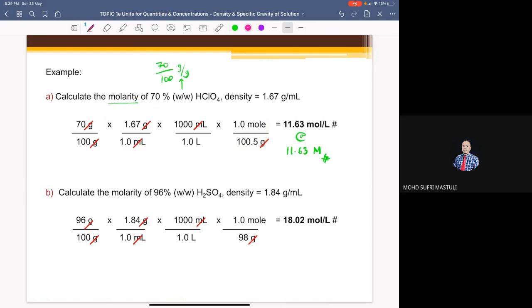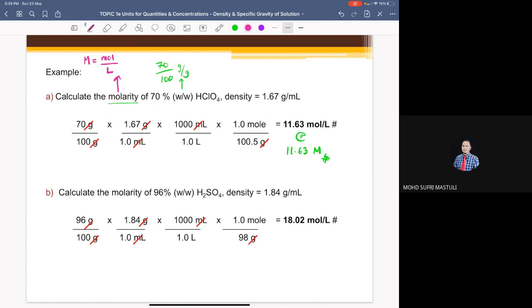As we know, molarity is capital M, mole per liter of solution. So in order to calculate the molarity, we should have the number of moles of the perchloric acid and also the volume of the solution.